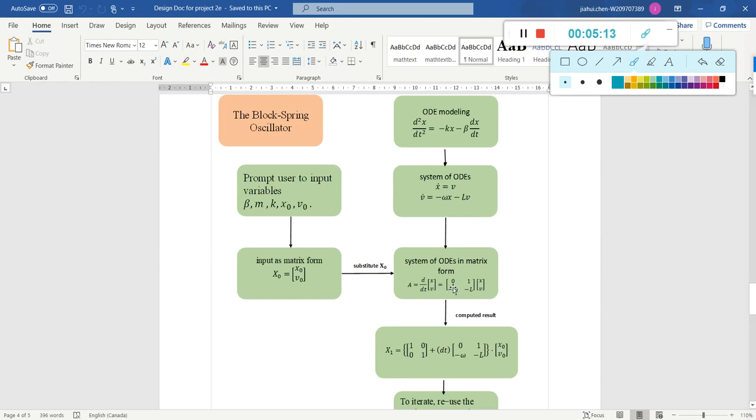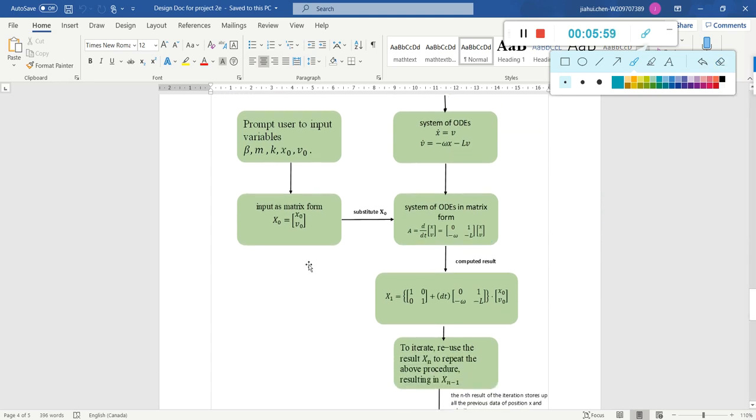So basically, what this part means is a matrix of x and v. The first row is 0x plus 1v, and the second row is negative omega x, and then negative L v, and then I take the derivative with respect to time of the whole matrix.